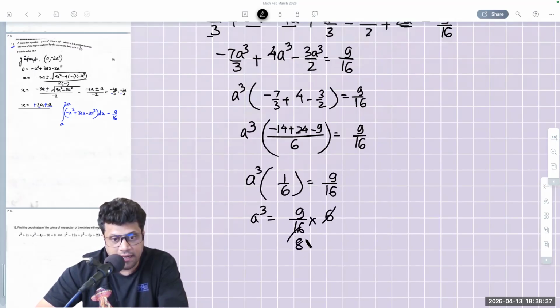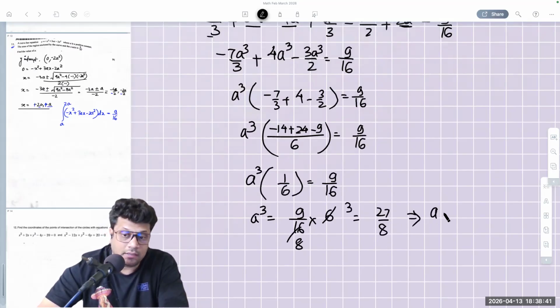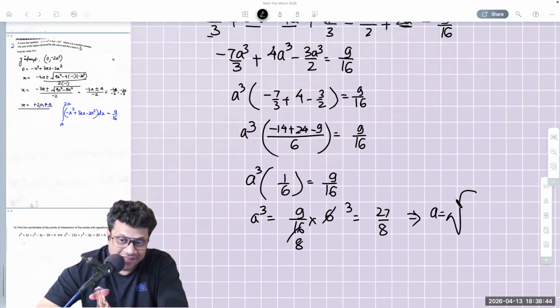That's 8 and a 3, that's 27/8. And that is how a comes out to be the cube root of 27/8. That's a very nice 3 divided by 2.